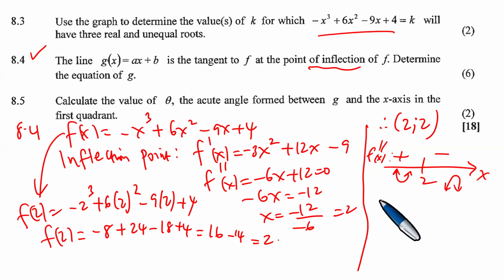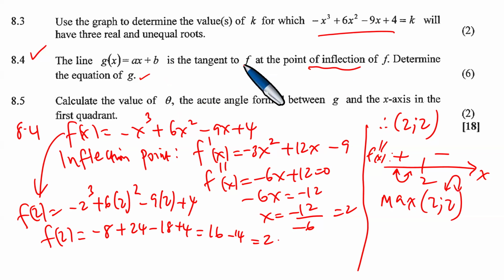It means, therefore, you have a point of inflection at 2. Now we want to find the tangent: this one is a tangent to f at a point of inflection of f. Determine the equation of g.